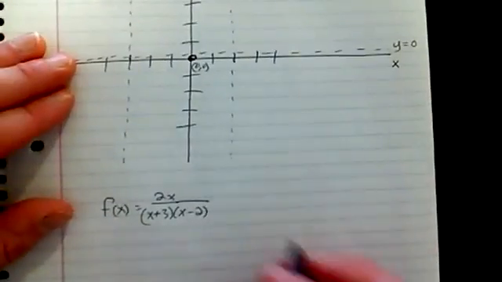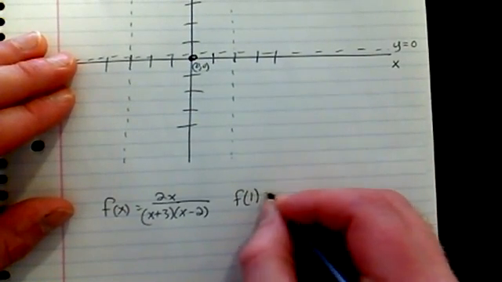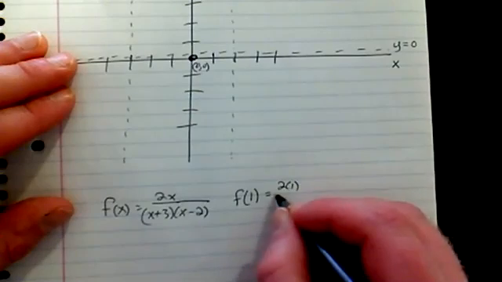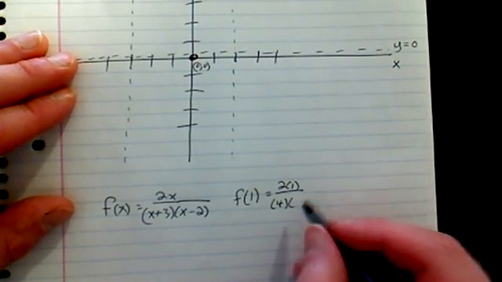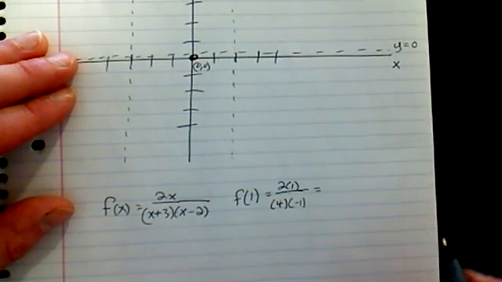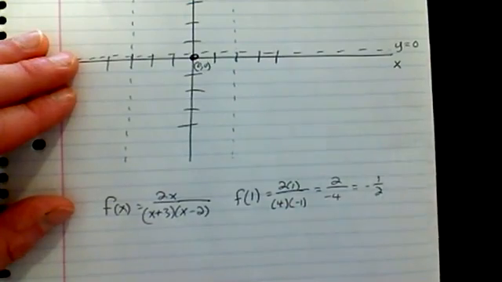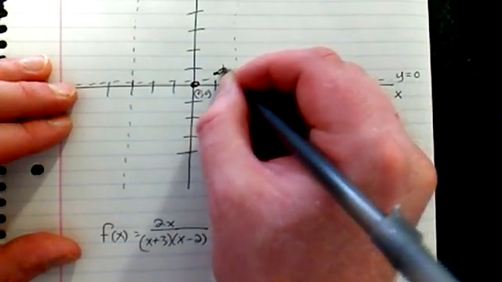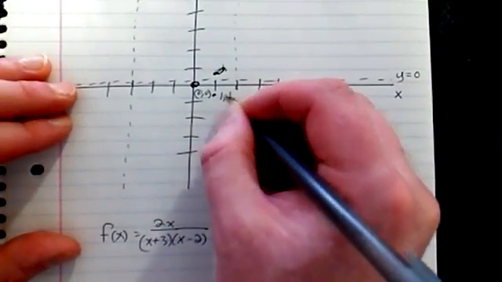Well, we can just check it. What is f of 1? That's going to be 2 times 1 over 1 plus 3, which is 4, times 1 minus 2, which is -1. I'm seeing that's going to be 2 over -4, or -1/2. So right here, I actually have 1 comma -1/2.